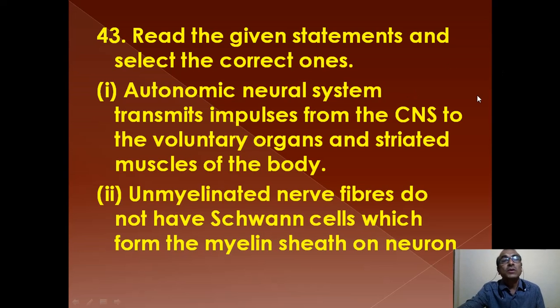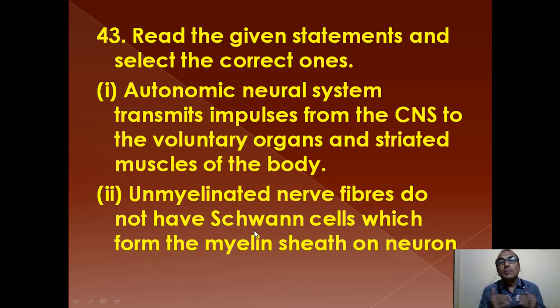So that is a wrong statement. Then second, unmyelinated, that is non-myelinated nerve fibers, do not have Schwann cells which form the myelin sheath on the neuron. There's a very important concept here.